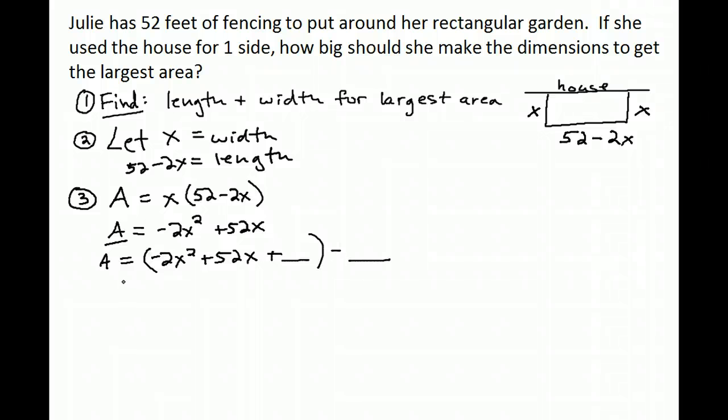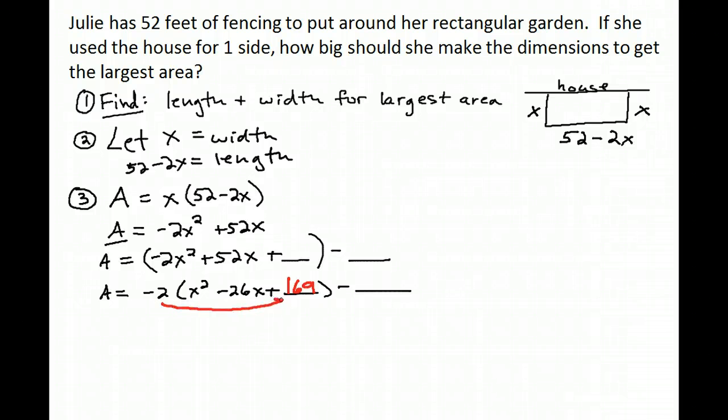Now I need to pull out the negative 2 before I do anything else. So pull out the negative 2. Half of this, negative 13, squared is 169. So when I put 169 in this blank, you need to realize that that really stands for a negative 338.